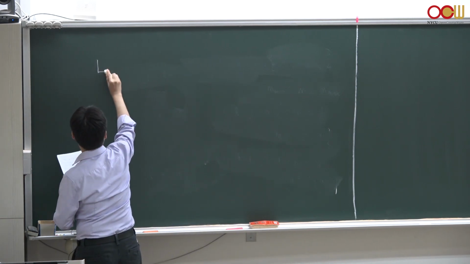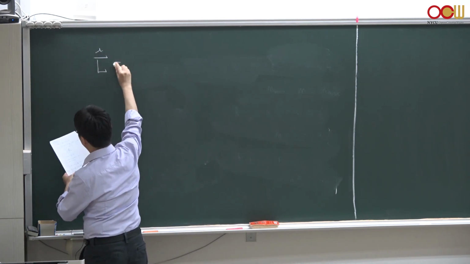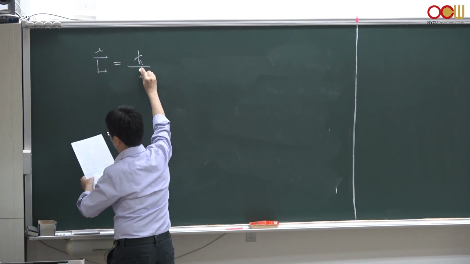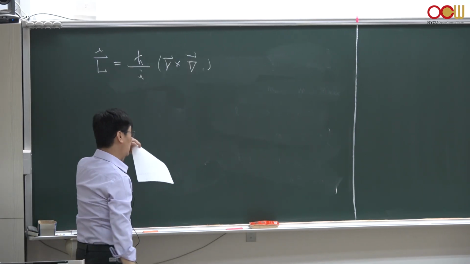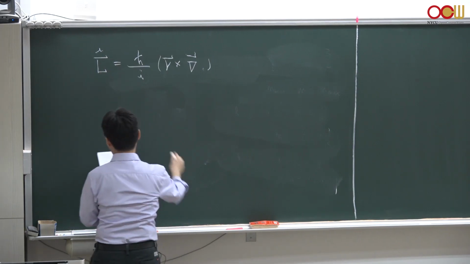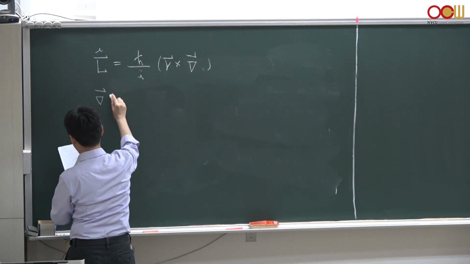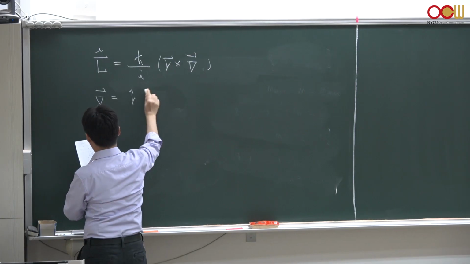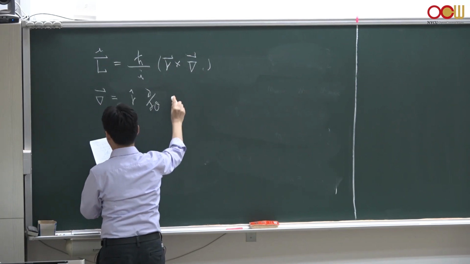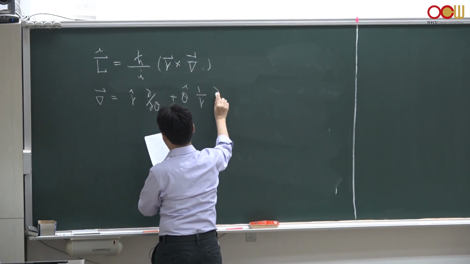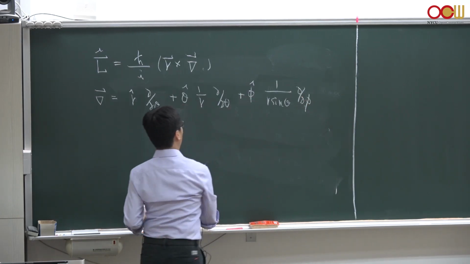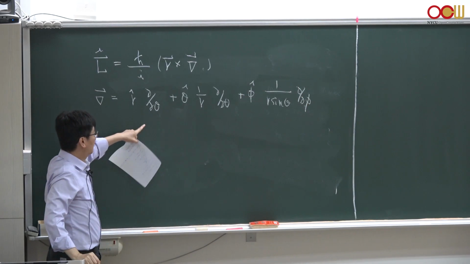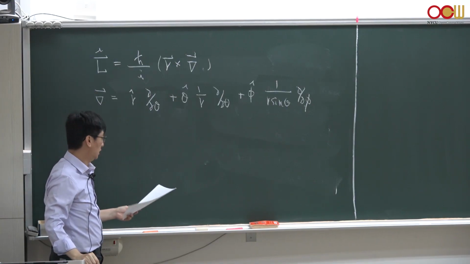So L is a vector r cross gradient in the spherical coordinate, and this gradient is given by this combination of 3 different operations. Okay, so time is up, but we will continue starting from this coordinate transformation.